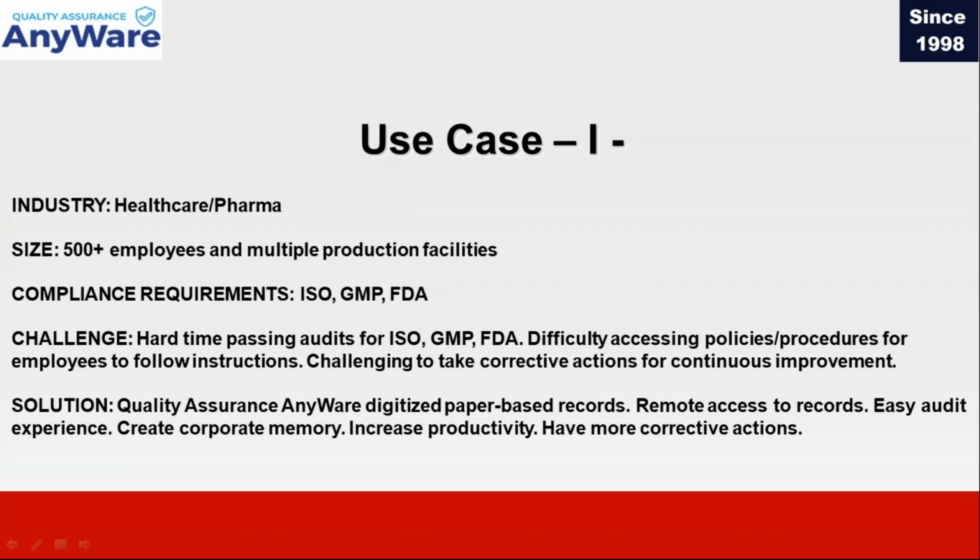And the audit experience was easier than before because it was easier to show the auditor policies, procedures, everything is digital. They can still pull paper-based archives if that's needed, of course. But then initially having these, of course, in the digital environment makes things much easier for them.